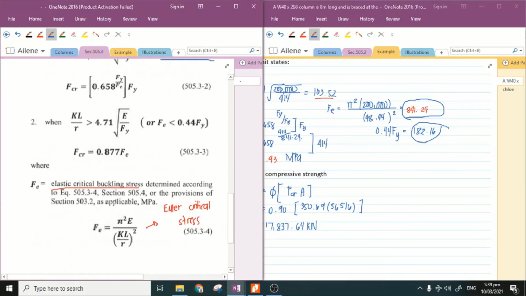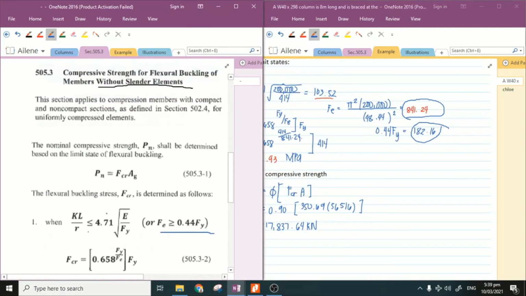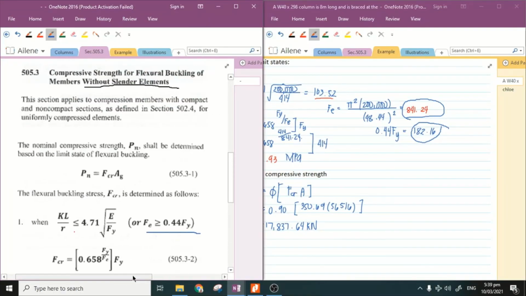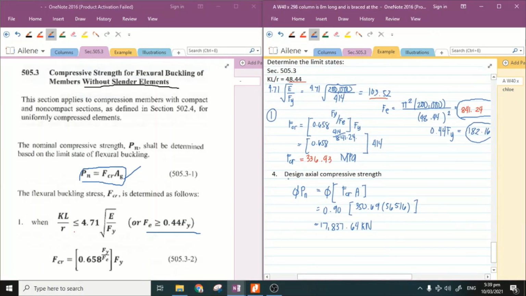So, meron na tayong value nung flexural buckling stress. Sabi dito, to get the nominal compressive strength, i-multiply lang natin siya dun sa gross area nung steel section natin. Para makuha natin yung design axial strength, yung nominal compressive strength, i-multiply lang natin nung LRFD na factor, which is 0.9, di ba?